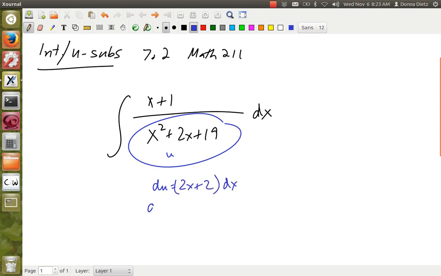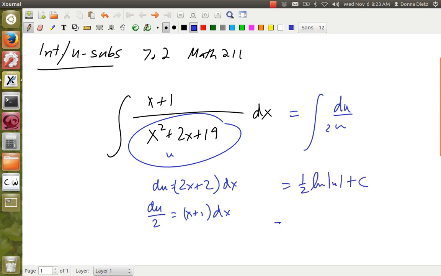We have an x plus 1, so du over 2 is equal to x plus 1 dx, and then we're going to get du over u, natural log, oops, 2 goes in the bottom, so then we get 1/2 natural log of u plus c, 1/2 natural log, and what was u? It was this mess on the bottom. That was that one.